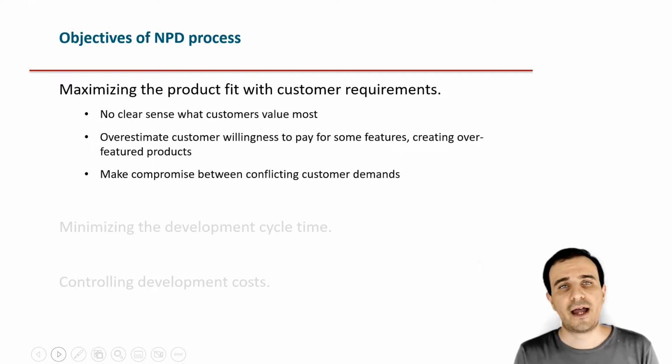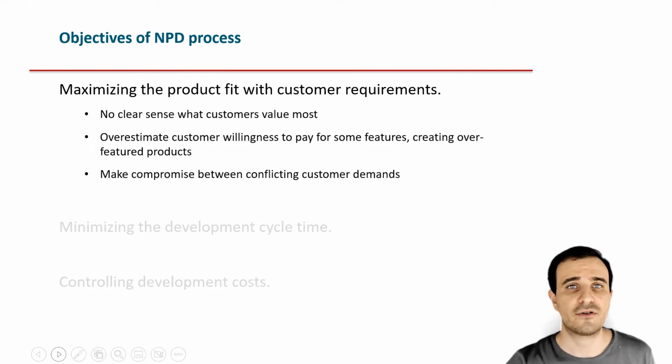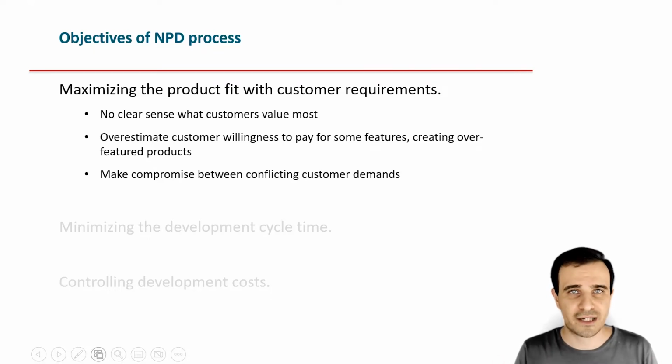And the final factor is that companies, when they move forward with new product development, try to satisfy many customers, sometimes even conflicting types of customers. And this is of course a problem, because with different customer demands you actually compromise, and sometimes this is not what your customers really want.